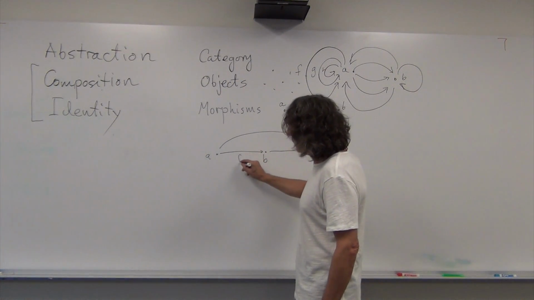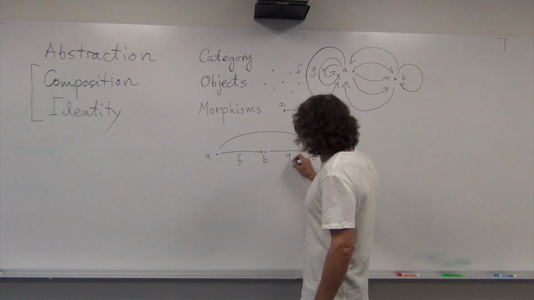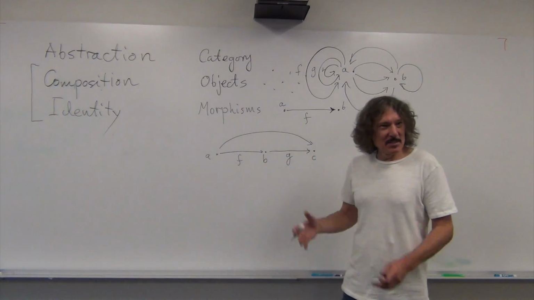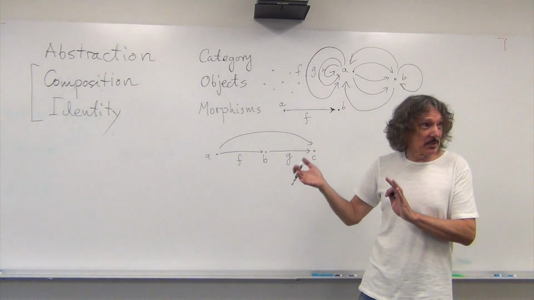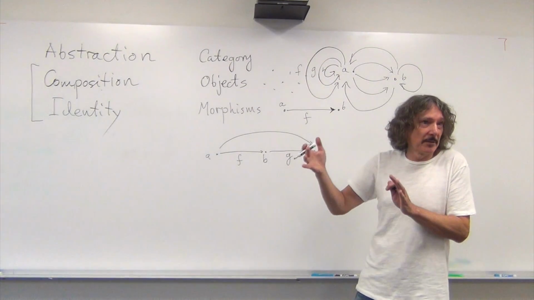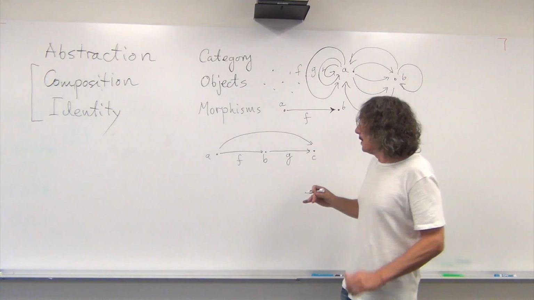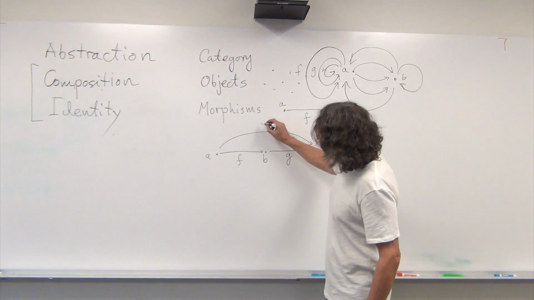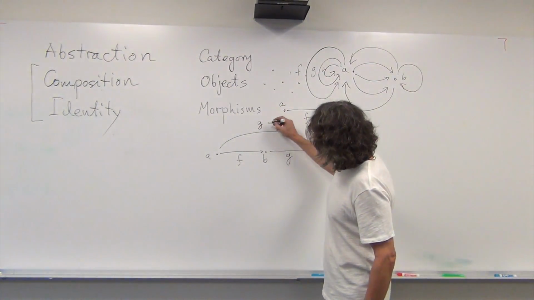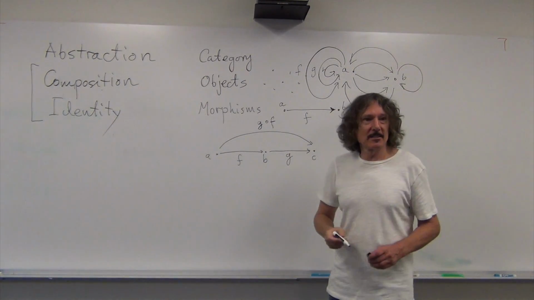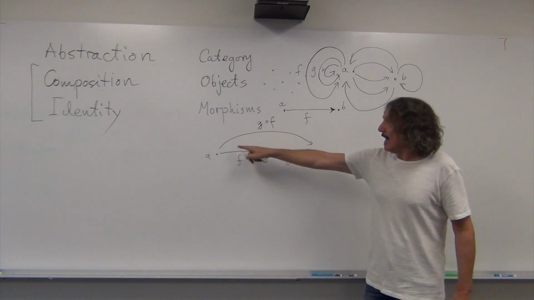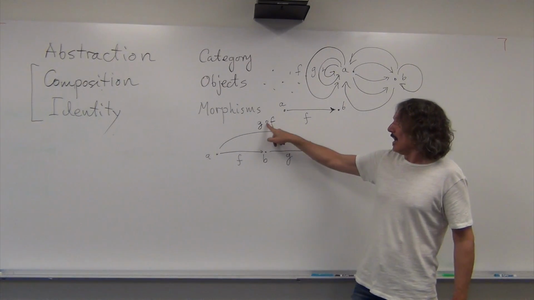So if I call this one F and call this one G, I'm using these names F and G that suggest functions, right? Because at some point this will be one of our models for a category. So this arrow is called G after F, where after is this little circle.